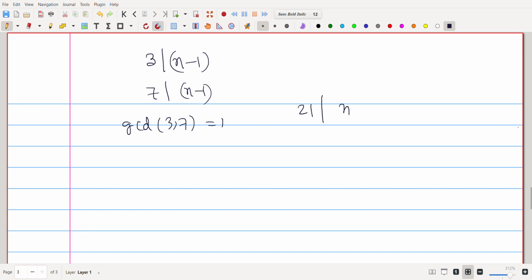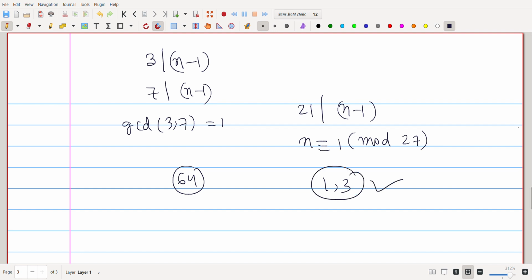Hence 21 divides n minus 1, so n is congruent to 1 mod 21. So the third one is also correct, but the second one is wrong. You can construct such an example, like take 64, and that will be the counterexample for option 2. Hence 1 and 3 are the correct answers. Okay, move to the next one.